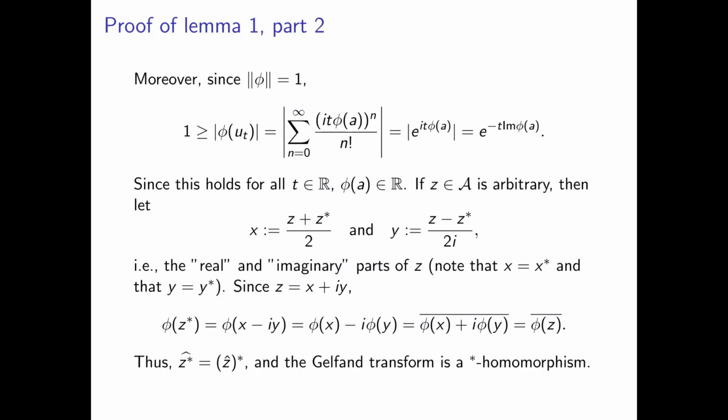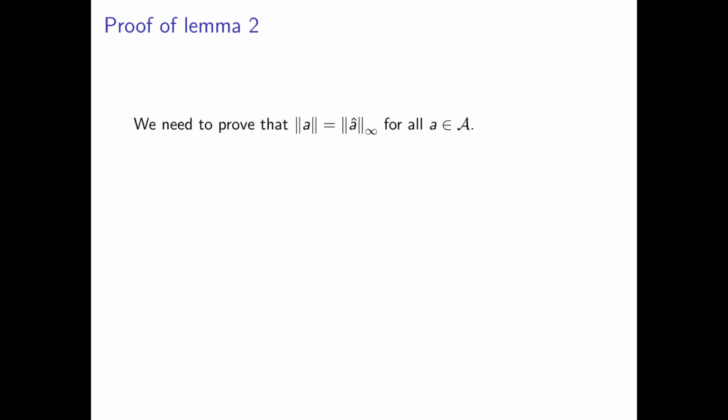Now, let's move to the second one. So, in the second lemma, we wanted to prove that the Gelfand transform is an isometry. So, we need to prove that the norm of an element A is equal to the supremum norm of A hat for every element in our original algebra.